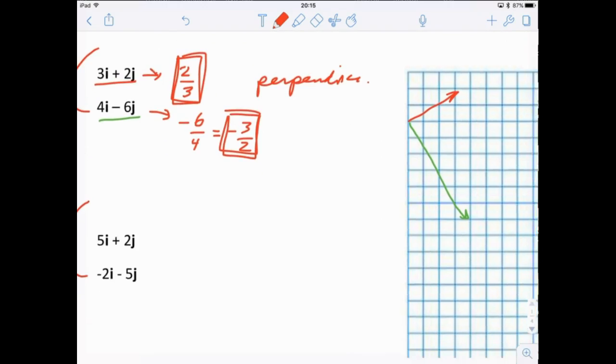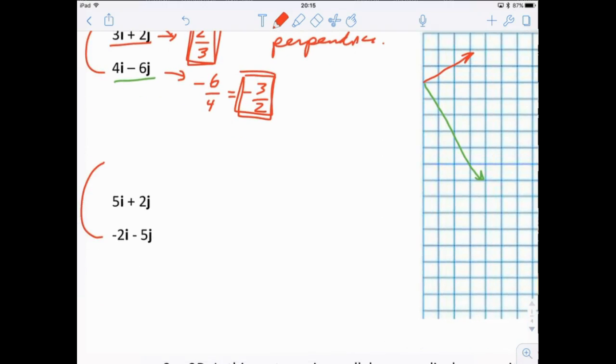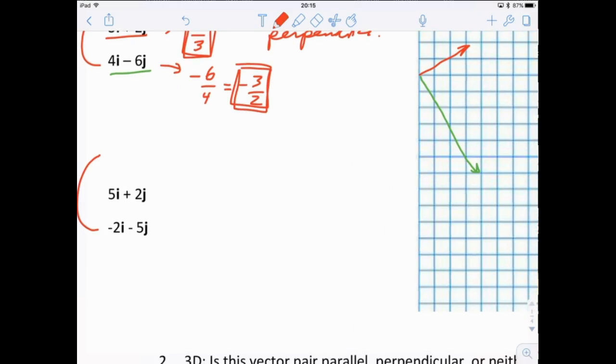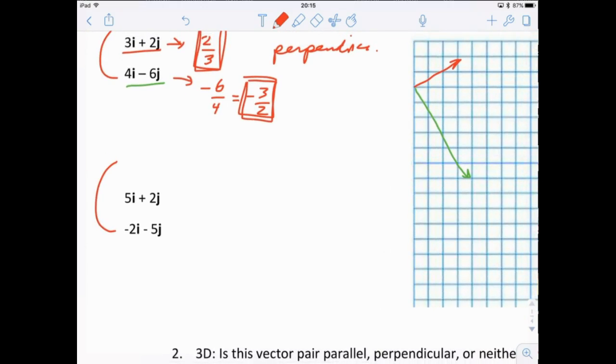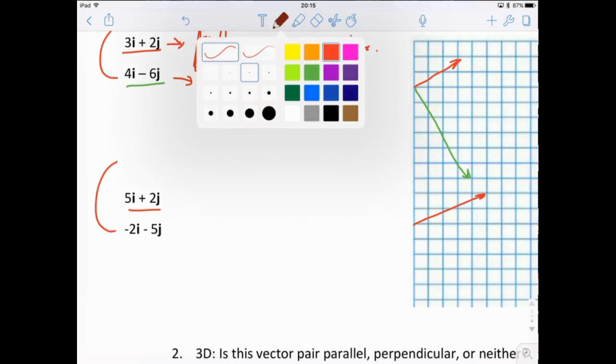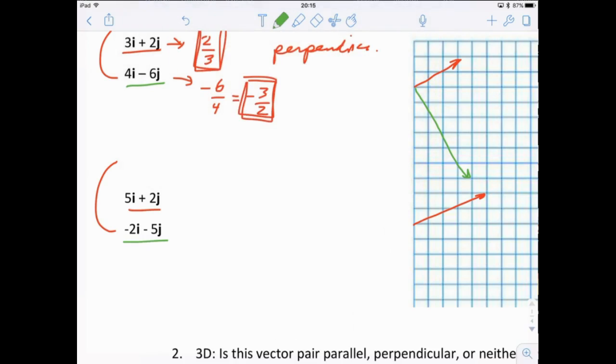Okay. Then we're going to go down here. Now we have 5i plus 2j. So that would be this one. Okay, so it's kind of like that. And then we're going to do this one, which is negative 2i minus 5j.